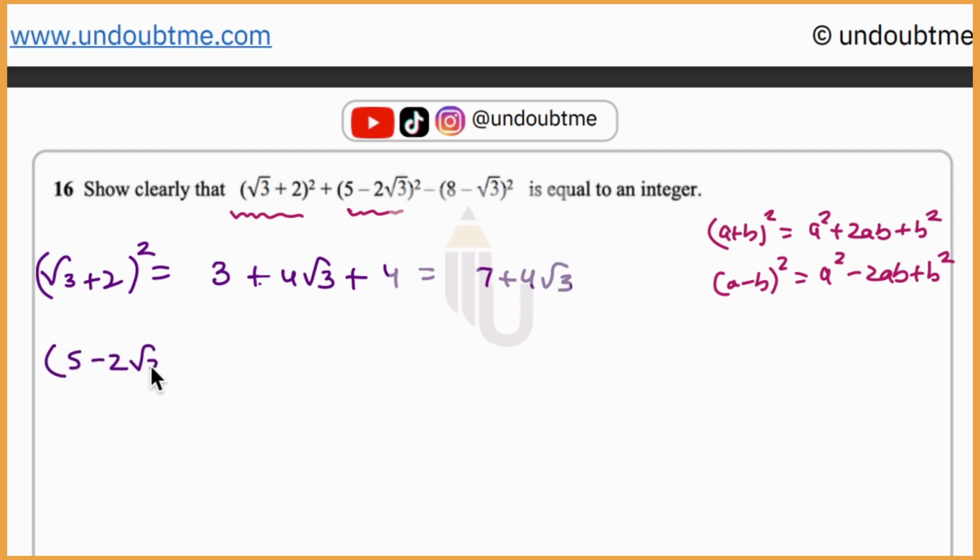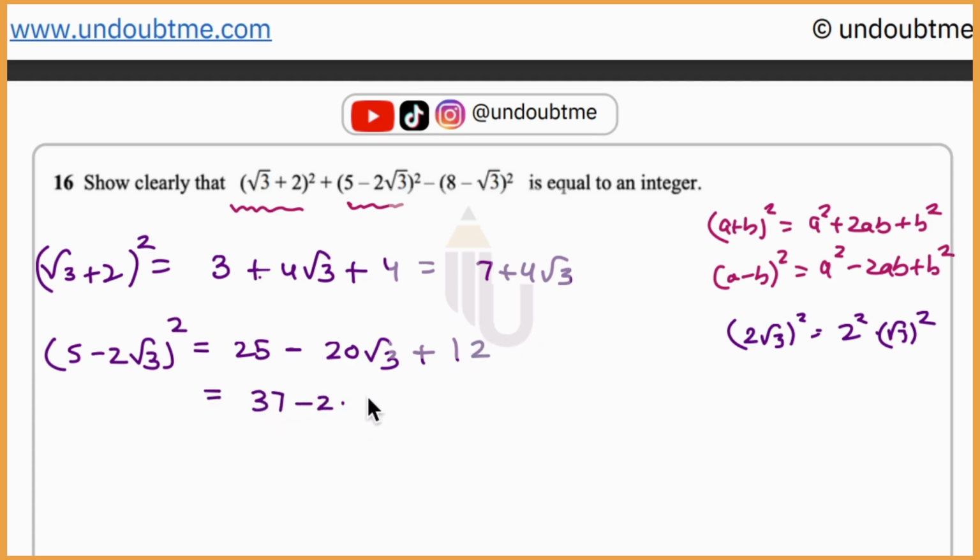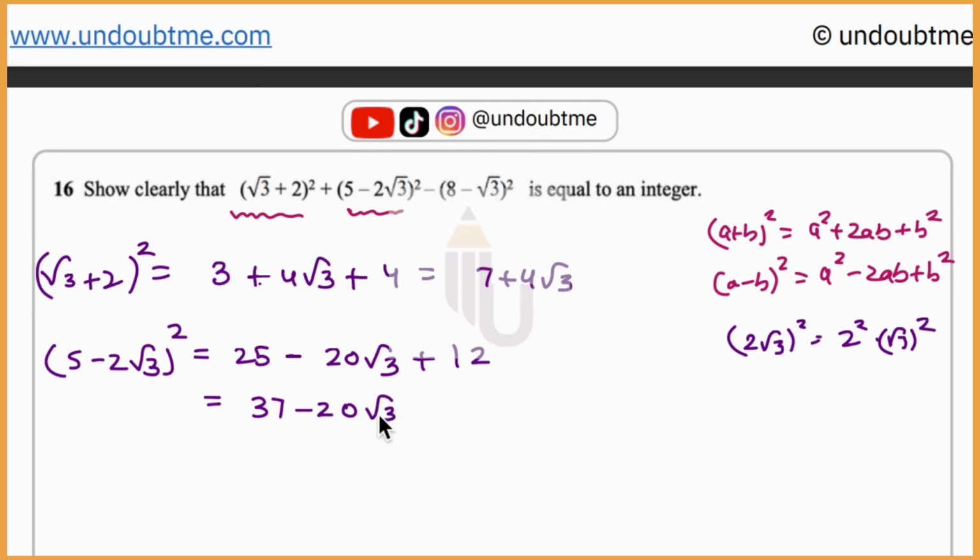Then 5 minus 2 root 3 whole square, that will be 25 minus 2ab, 2 5s are 10, 2s are 20, root 3 plus 2 root 3 whole square. So 2 root 3 whole square will be 2 square and then root 3 square, so 4 3s are 12. So that will finally give me 37 minus 20 root 3.